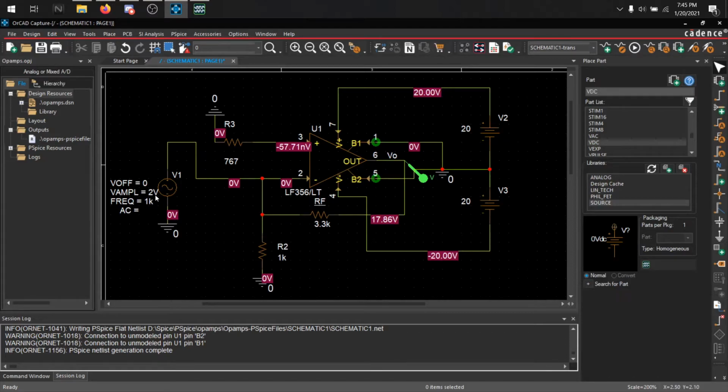Put R2 between V1 and RF. That's where it should go. Put R2 between where? V1 and RF. Oh, I see. Yeah. Yeah, now it makes sense.